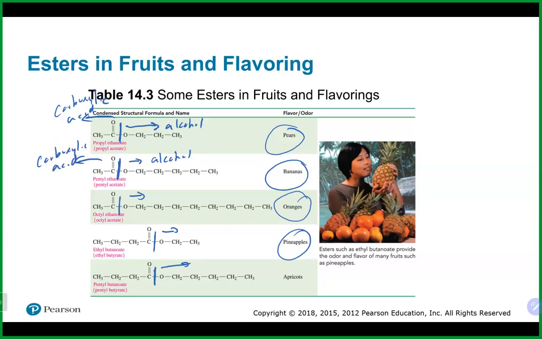Each of these would be made by an esterification reaction, which means if you add some water to it, you could break it back apart into its carboxylic acid and its alcohol.